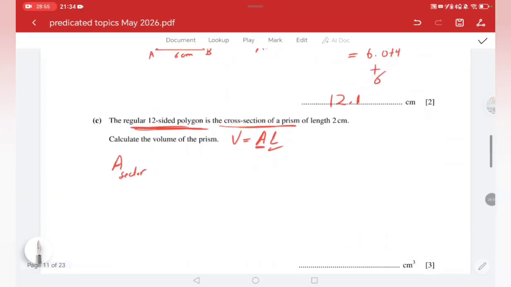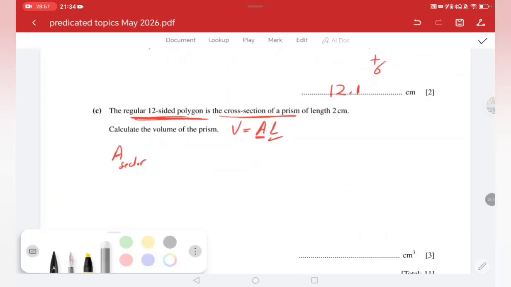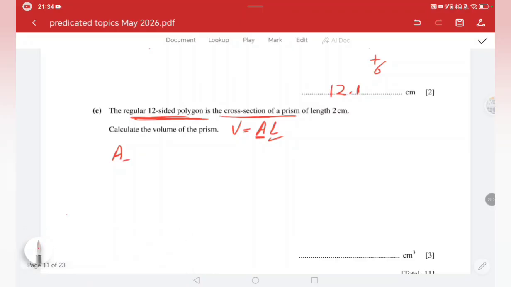Okay, let's remove this one. So we need to find the area of the triangle, which is 1/2 times two sides: one side is 6 and the other side is 11.6. Then you will have to multiply by 12 because you have 12 triangles.